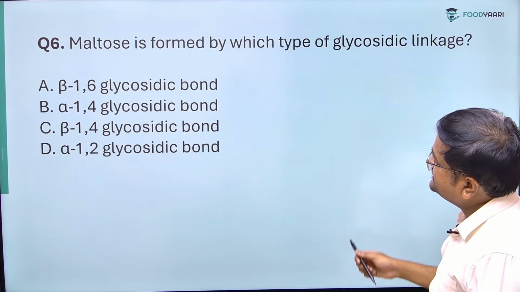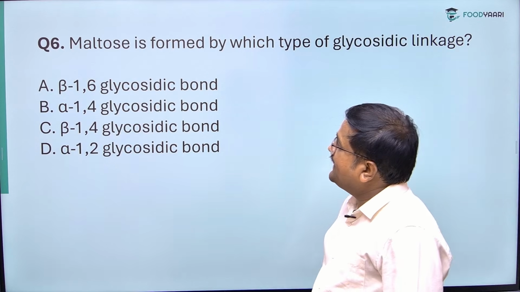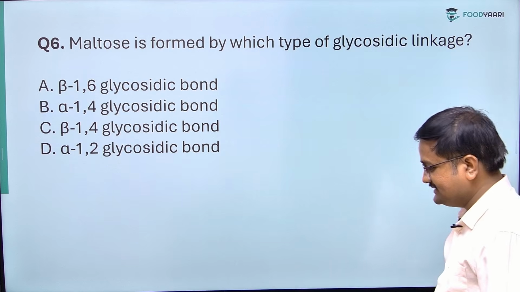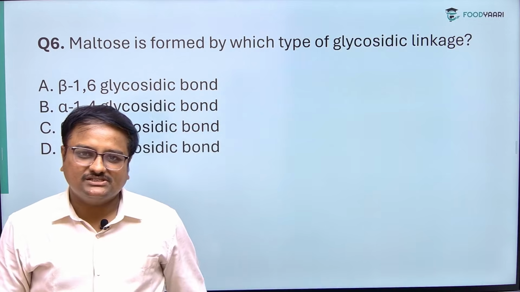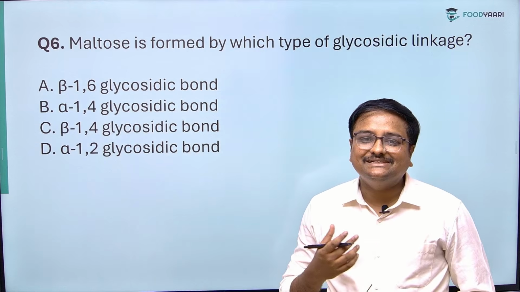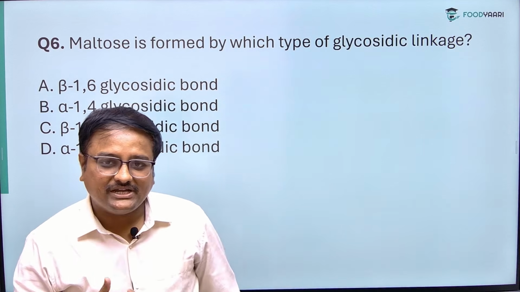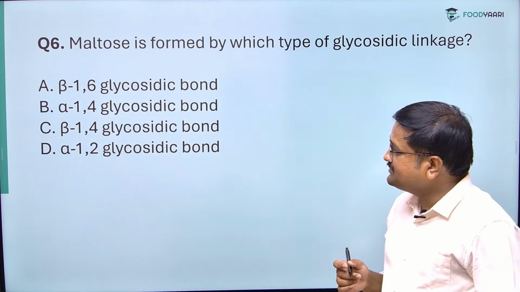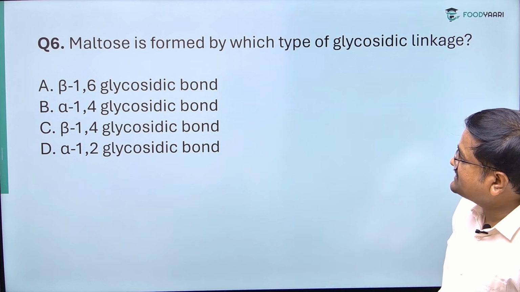Next is question 6. Maltose is formed by which type of glycosidic linkage? Glycosidic linkages are the linkages that cause the bonding of two sugar molecules, so we call that bond a glycosidic linkage. Option A, beta 1,6 glycosidic bond.